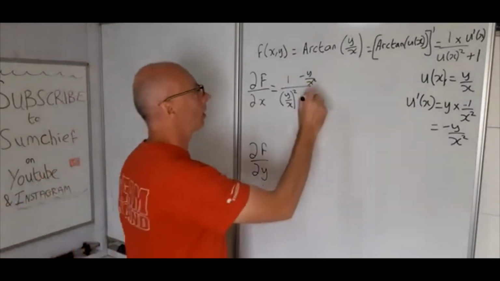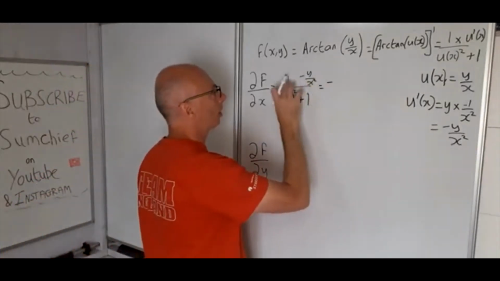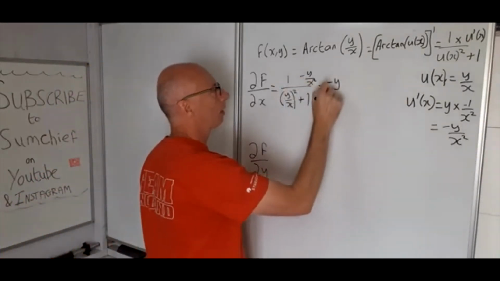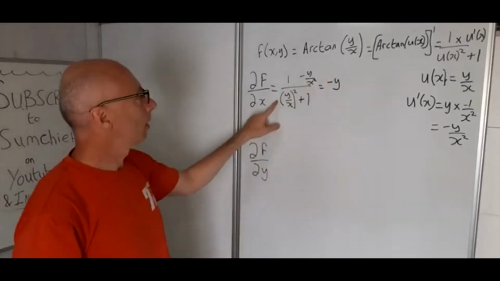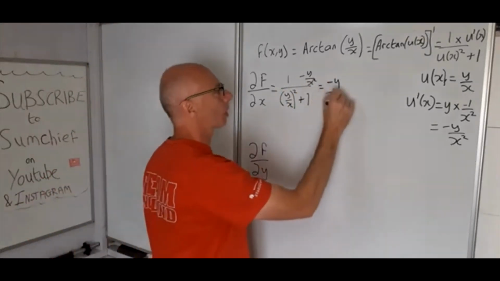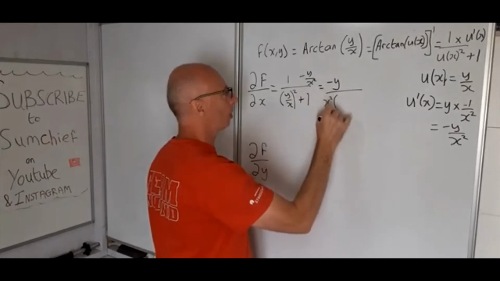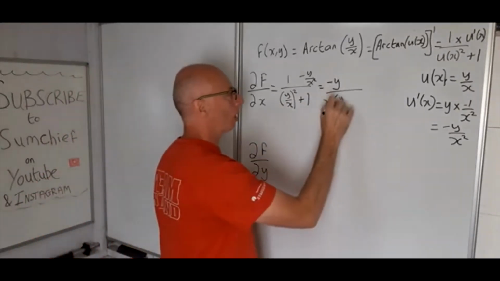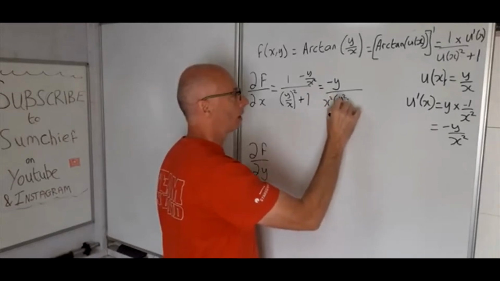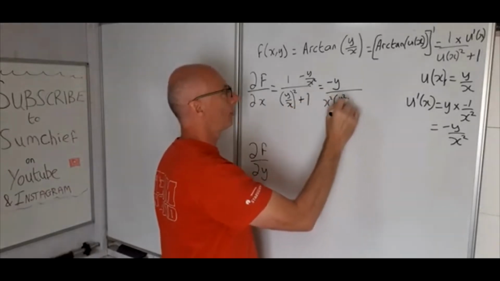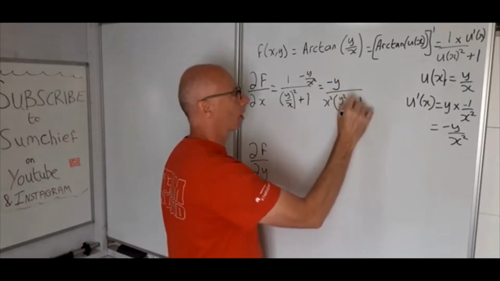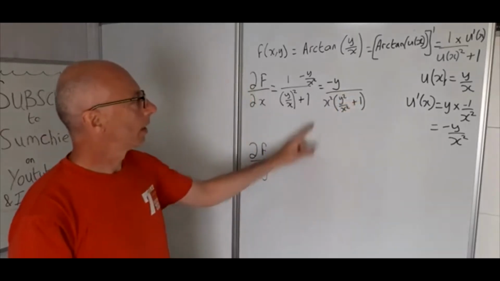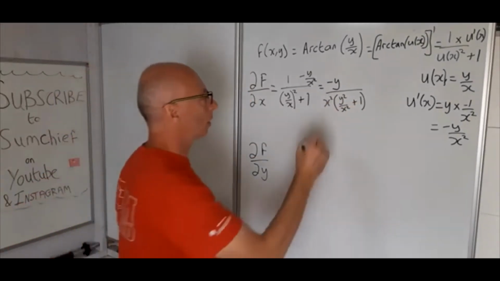Okay, so now we're left with minus y, then the x squared comes down to the bottom, and then we'll distribute. y over x squared squared is just y squared over x squared, and then plus 1. Okay, now distribute the x squared into all these.